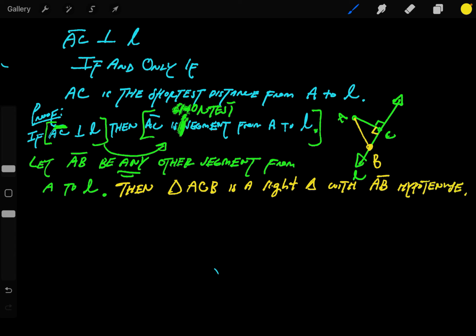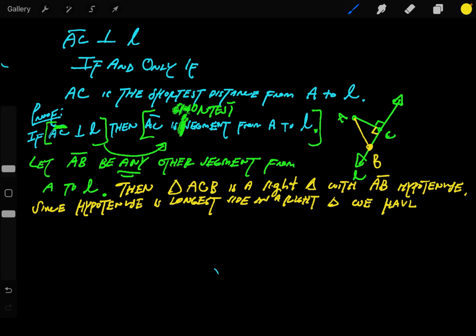And we know, and we proved this, that since hypotenuse is longest side in a right triangle, we have that the distance from A to B is greater than the distance from A to C.